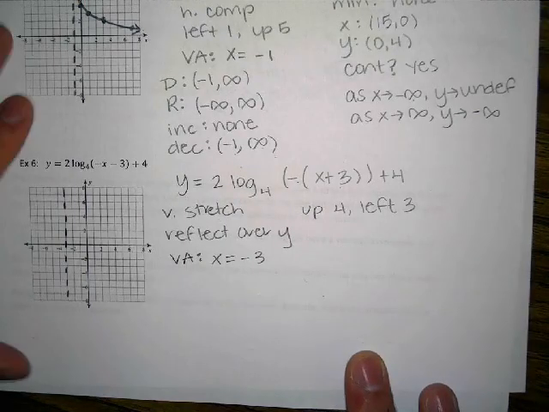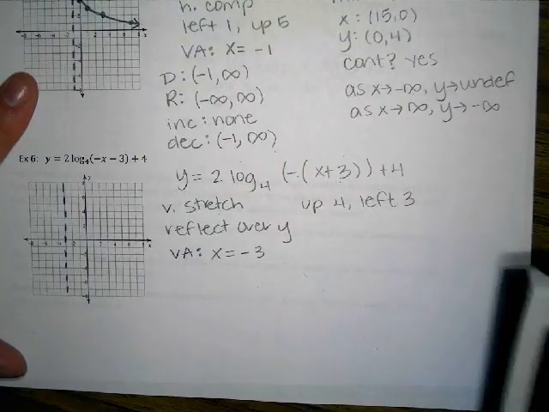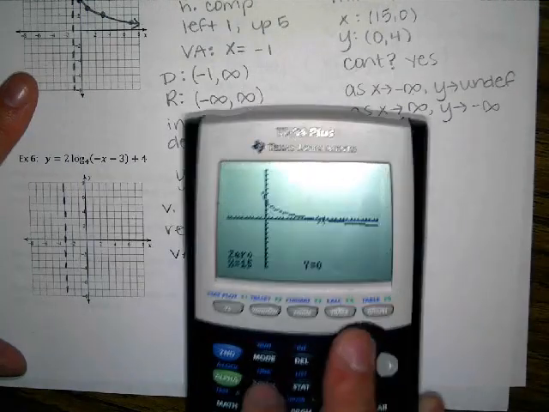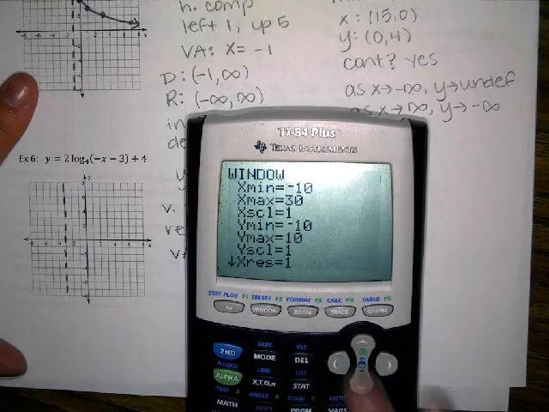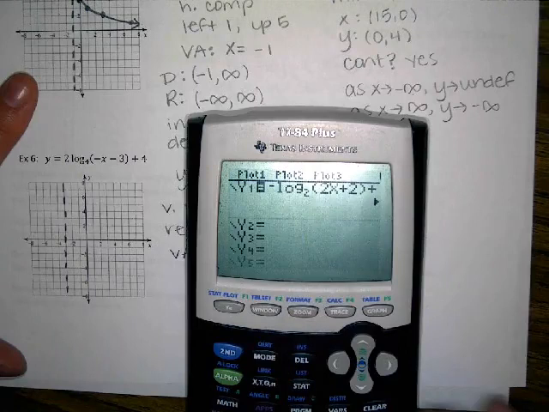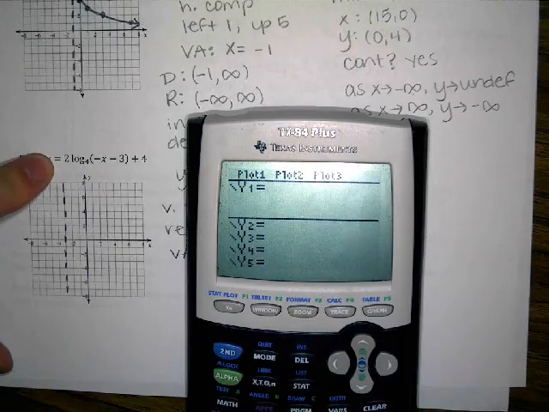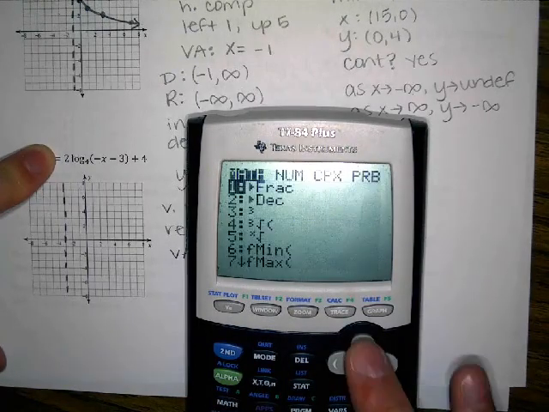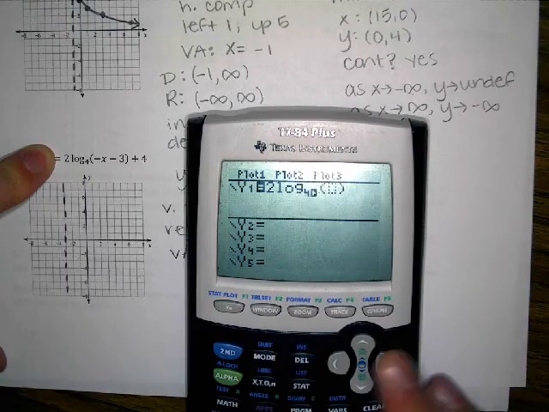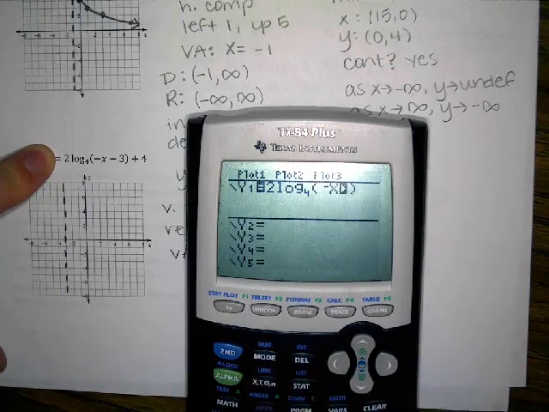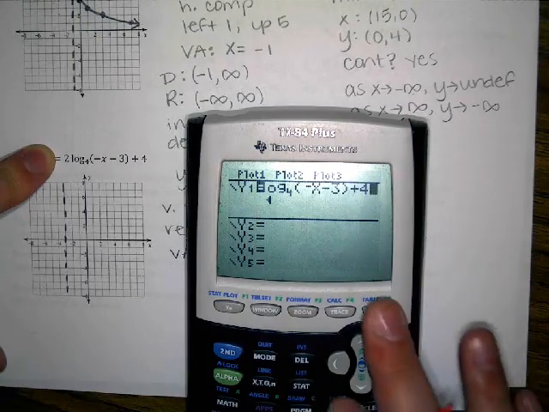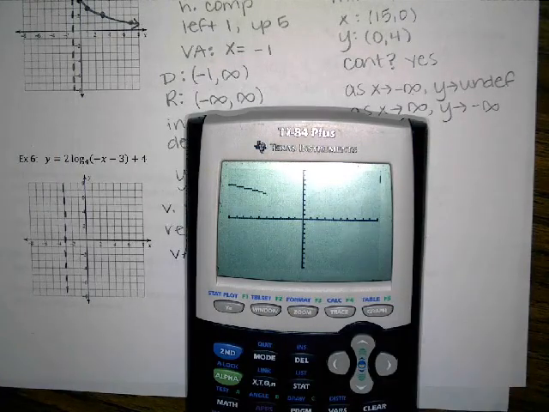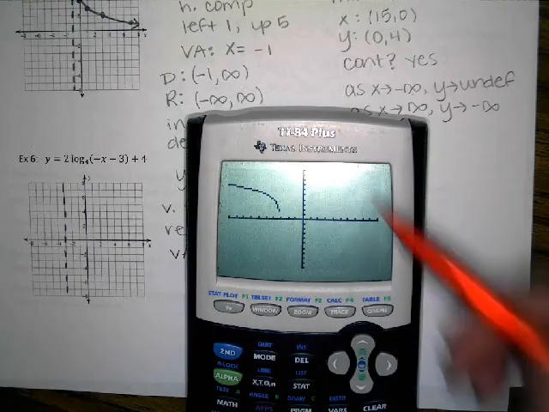So 2, math, up. So it looks kind of weird this time because it's been reflected over the y-axis, so it's on like the wrong side, it feels like. So I typed it in.